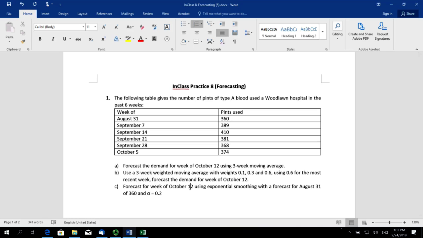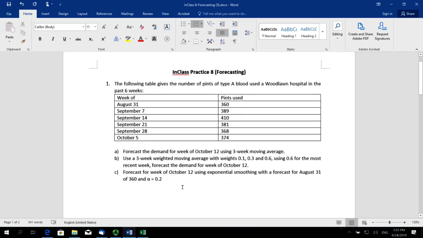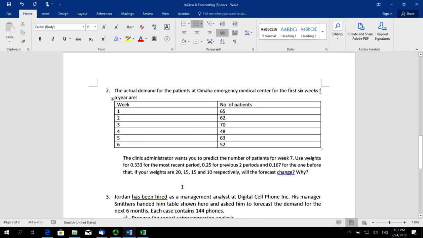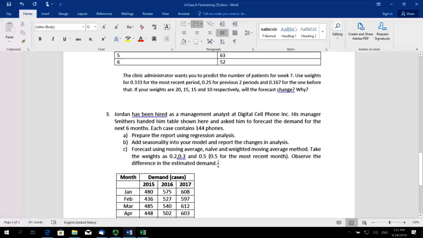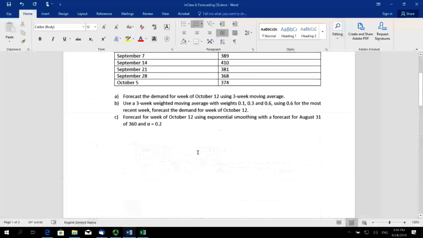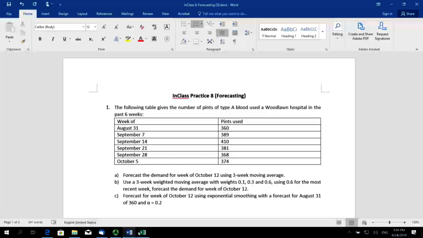We use time series of weighted average and moving average, and also use the exponential method. So different calculations. The third problem is the regression model we practiced in today's class. Here's one more practice to help you retain the information. So I hope you all open this file.